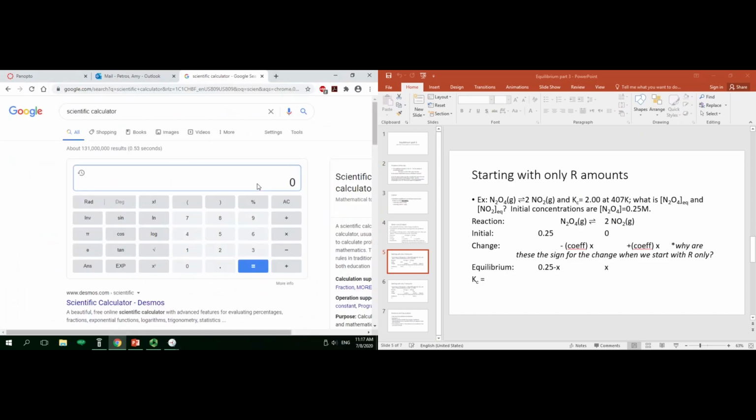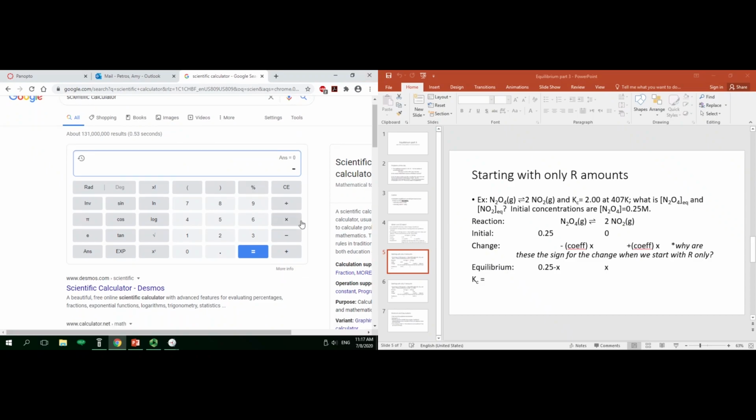Okay, so negative 2 plus the square root of 12. Oh, that's a minus. Negative 2 plus the square root of 12.